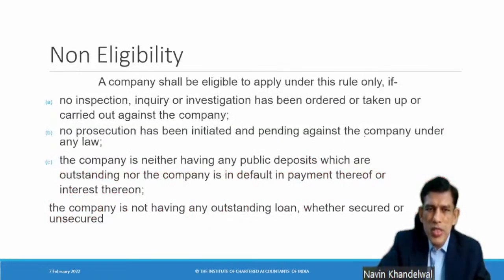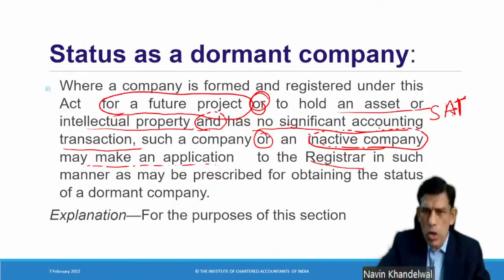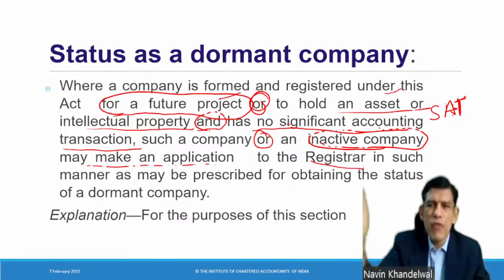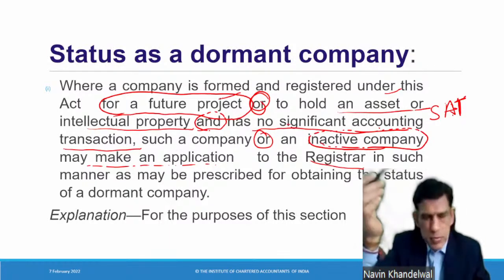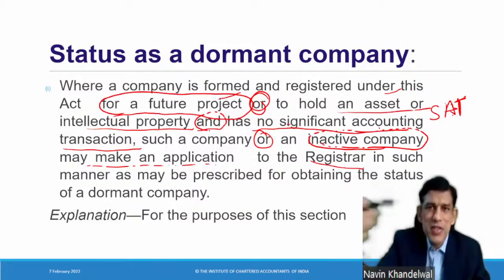Now you would question, sir, what type of company should be classified as dormant companies? Future project, hold an asset for intellectual property. So today you form the company. Why do you form the company? You have an objective of getting a government tender after 3 years.